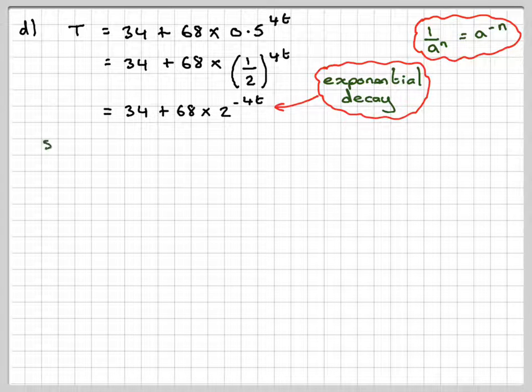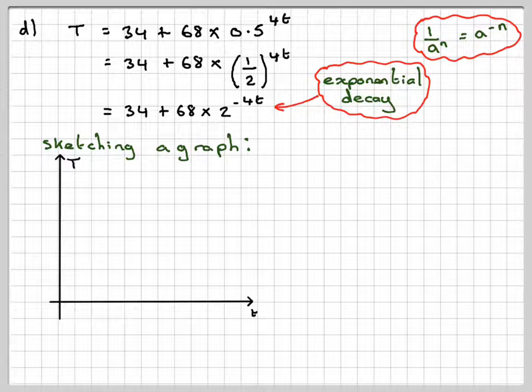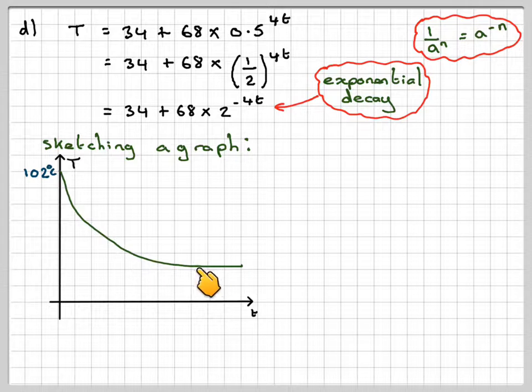So we should be able to draw a graph. Okay, so the initial temperature is 102 degrees C, which is there, and what happens is that this is going to decay exponentially.